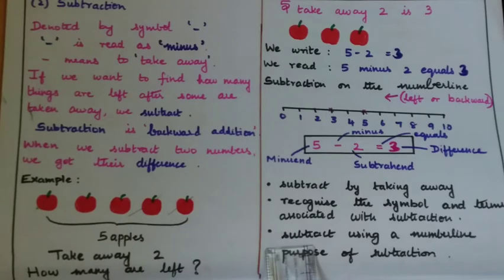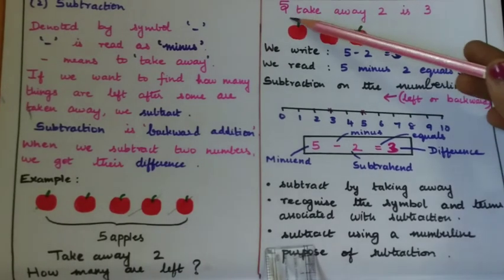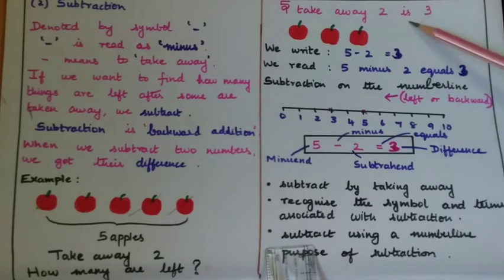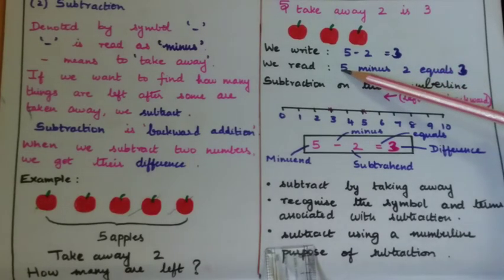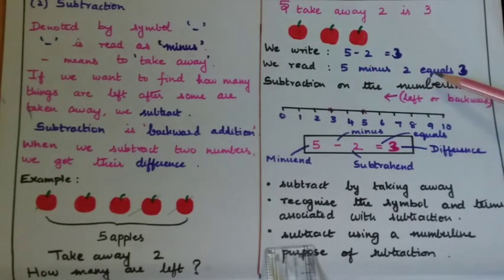So he will be left with 1, 2 and 3 apples. So this is how you perform subtraction. 5 take away 2 is 3. So we write this as 5 minus 2 equals 3. So the child should read it correctly.